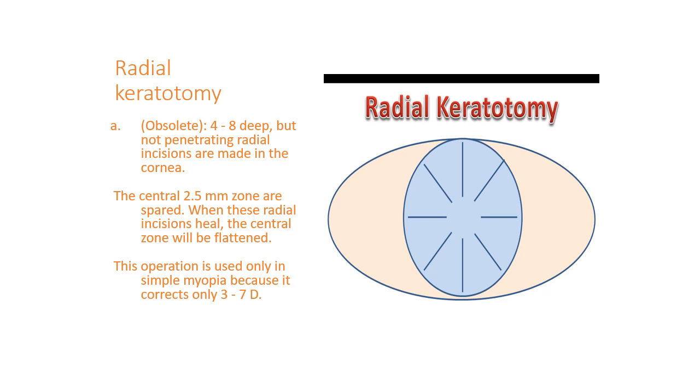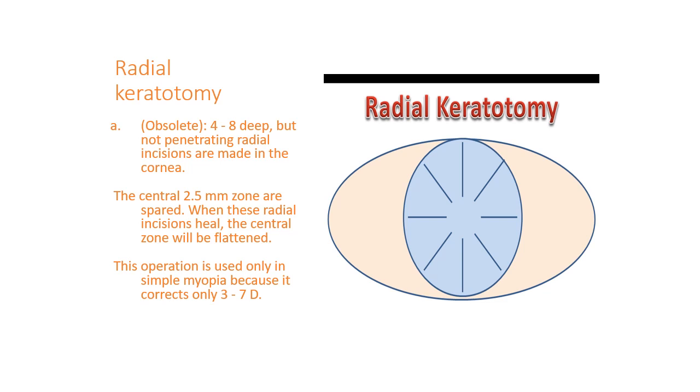When these radial incisions heal, the central zone will be flattened, and this operation is usually used only in simple myopia because it corrects only 3 to 7 minus diopter myopia.